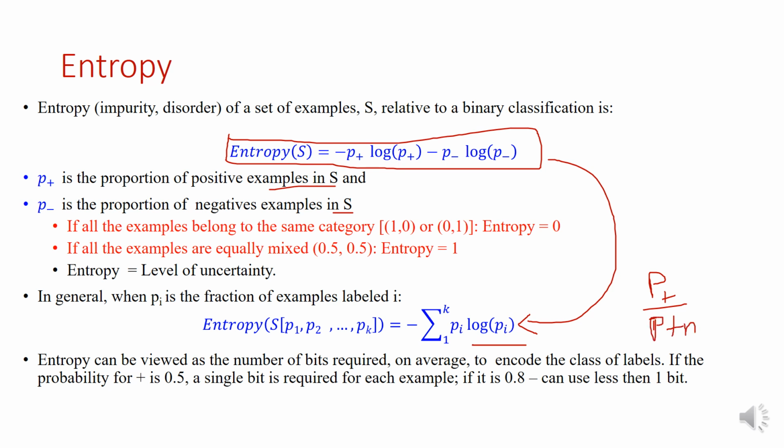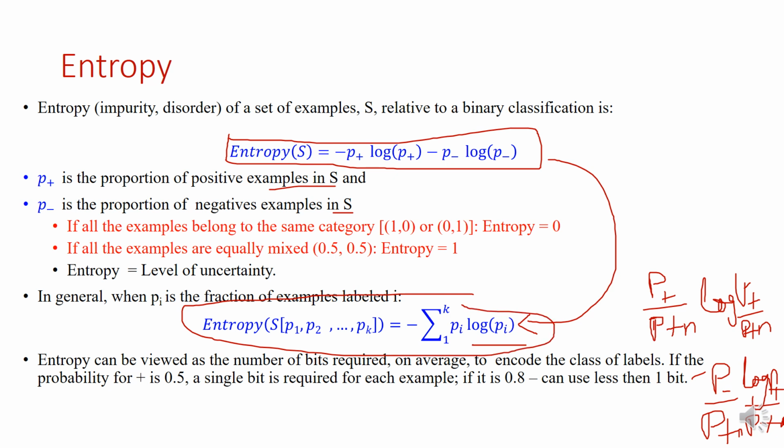Together it will be represented as minus P plus over P plus N times log of P plus over P plus N, minus P minus over P plus N times log of P minus over P plus N. So you can write the entropy formula like this, or you could write it the other way.